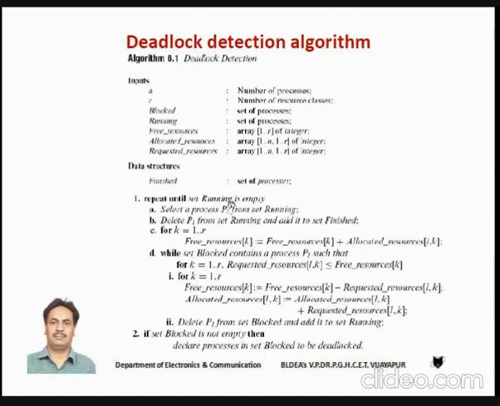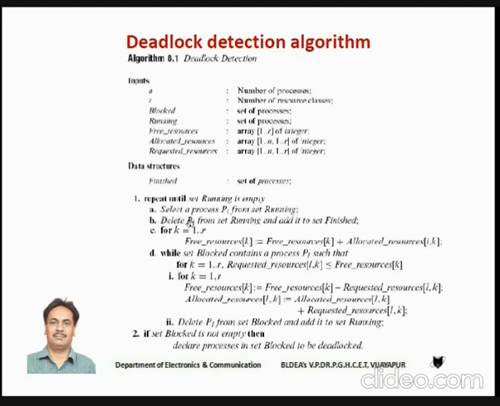Okay. Once that process is selected for execution, we delete that process from the running set and we add that process to finished. As you have seen in the example, what we did is we assumed that P3 will be able to complete its execution first. We take up that process, delete it from the running state and add it to the finished state.